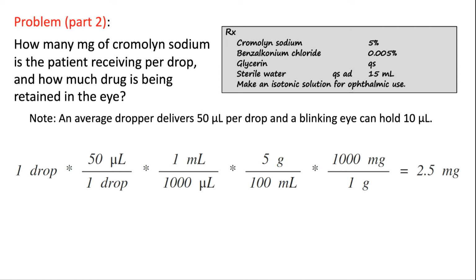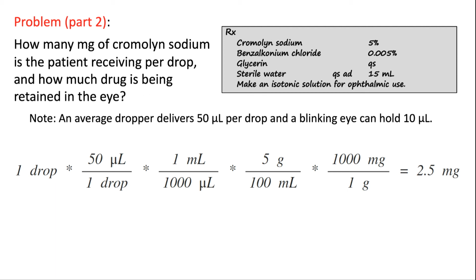So now my units of microliters cancel, and I'm in milliliters. I can then multiply that by my concentration, because I know my concentration is 5% weight per volume, which means I have 5 grams for every 100 milliliters. The units of milliliters cancel. And then lastly, I need to get my answer in milligrams. So let's convert grams to milligrams by multiplying by 1,000 milligrams for every 1 gram.